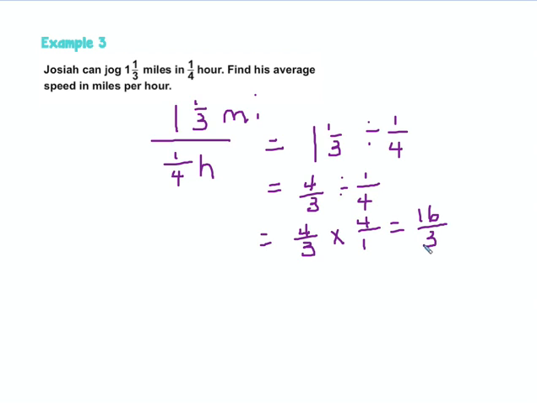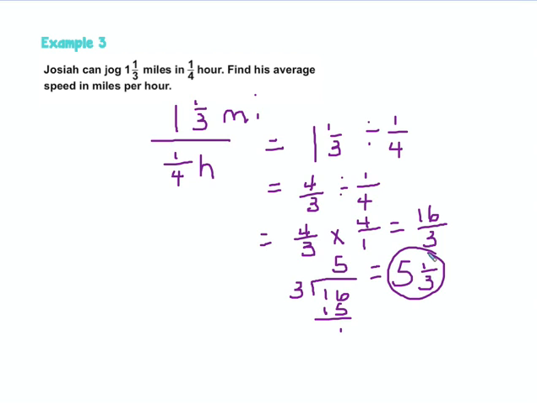That's an improper fraction, so we can divide 16 on the inside, 3 on the outside. 3 goes into 16 5 times, that's 15. Subtract, we have 1 left. So we have 5 and 1/3. But we're not done yet because we have to write our answer by answering the question.